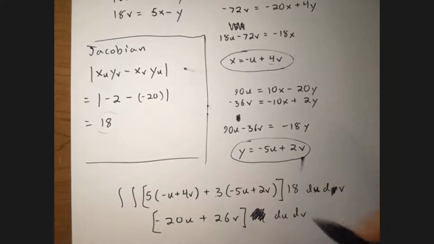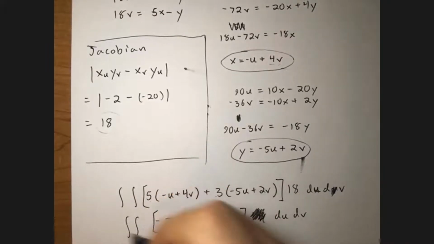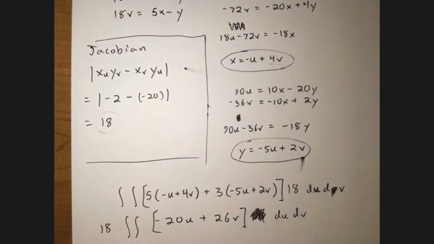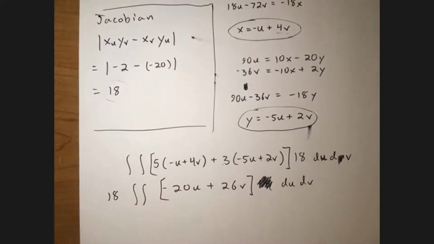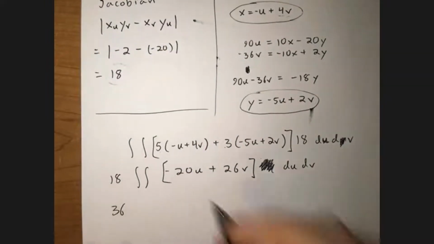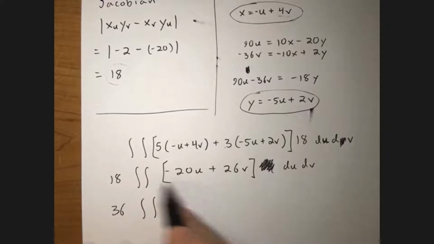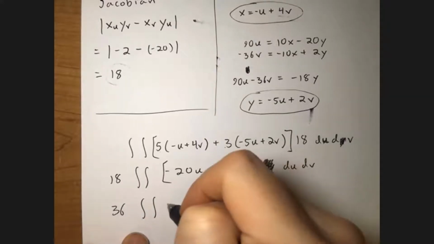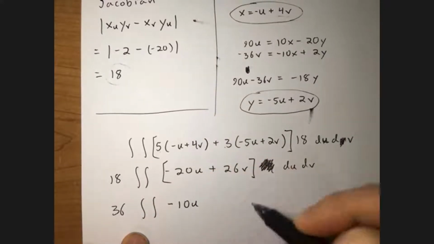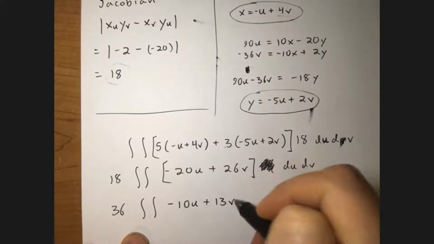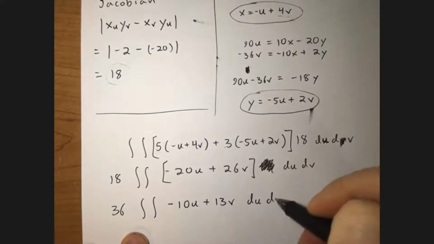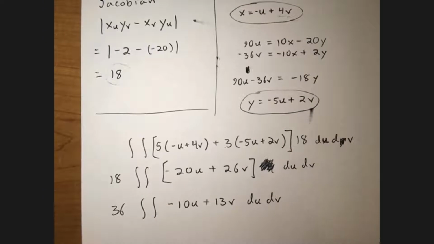It's a constant, so you can just pull it out front of the integral. Why make these numbers bigger than they have to be? We can also divide everything by 2 and pull that out front. I'm getting negative 10u plus 13v du dv. So I made that integral as simple as I could.